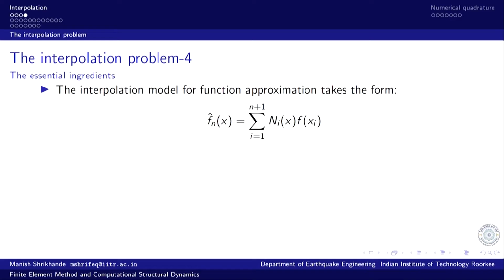This summation extends from i equal to 1 to n plus 1, so there are n plus 1 terms here. x i ranges from x 1 to x n plus 1, and for each of these points, that is, each node, there is a corresponding function designated by N sub i.